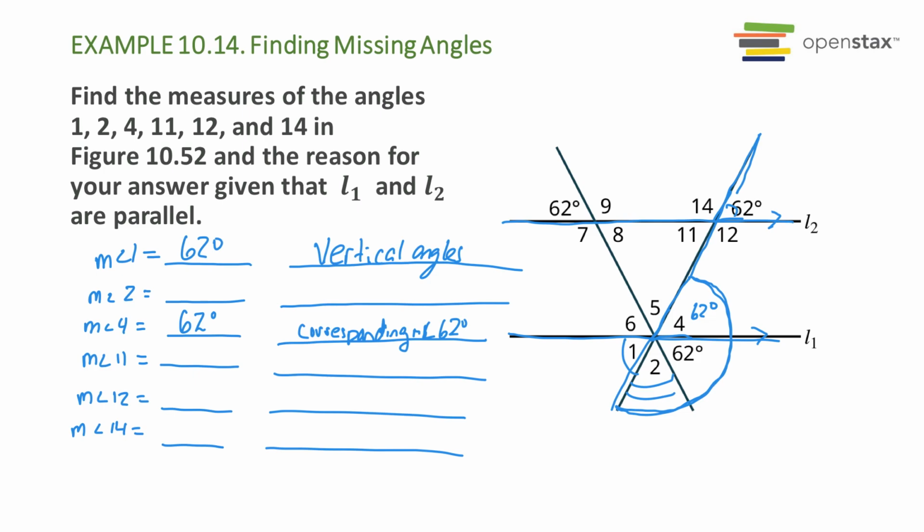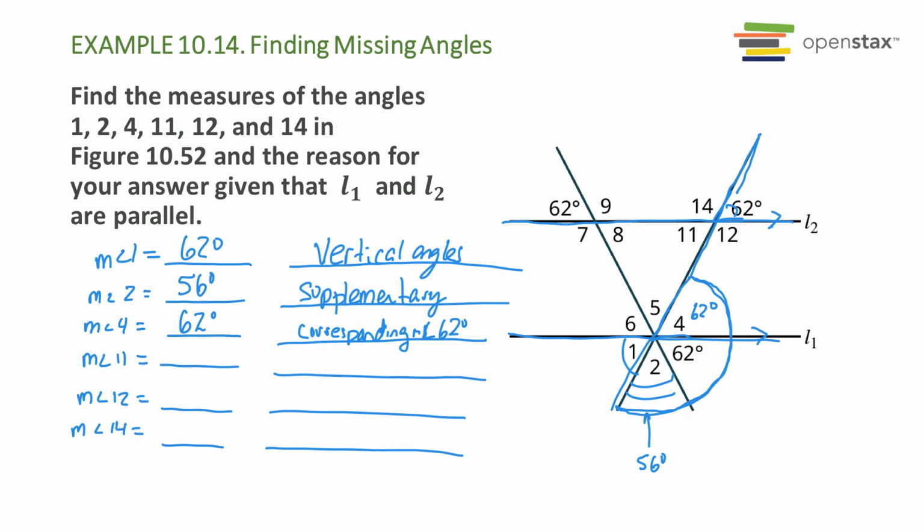If we do 180 minus 62 minus 62, that tells us angle 2 is 56 degrees. And that's because these 3 angles are supplementary. They all must add up to 180 because they're on a straight line.